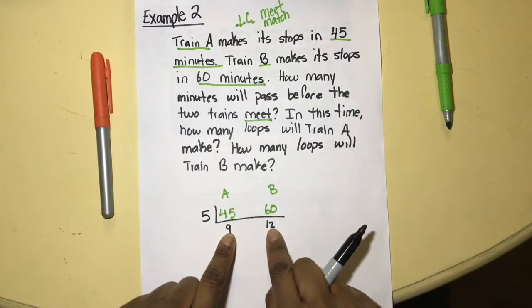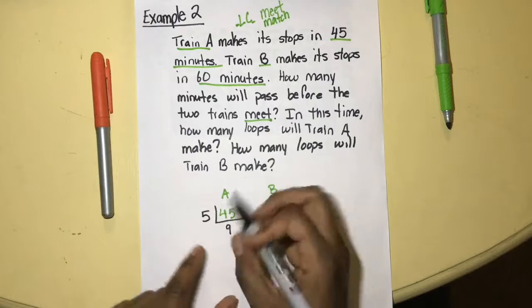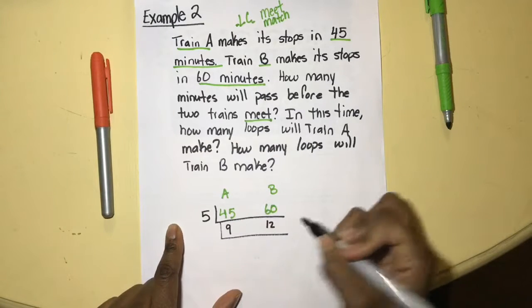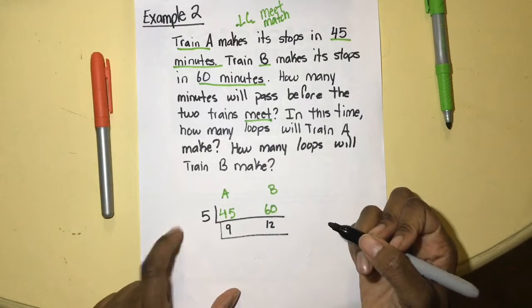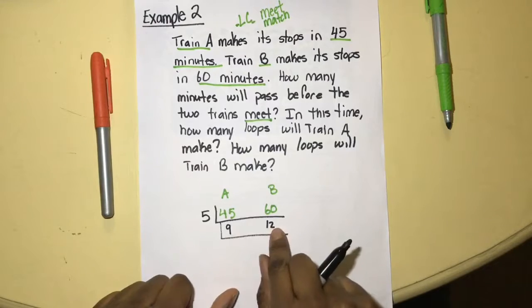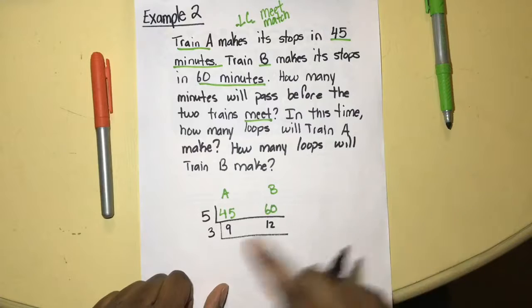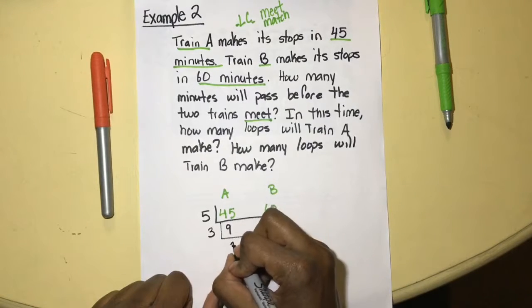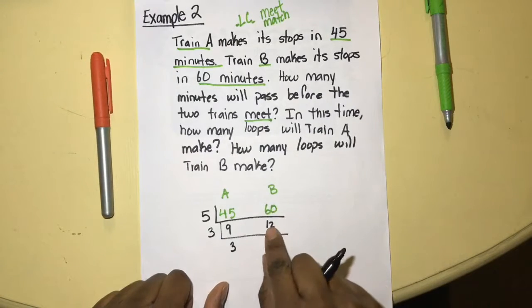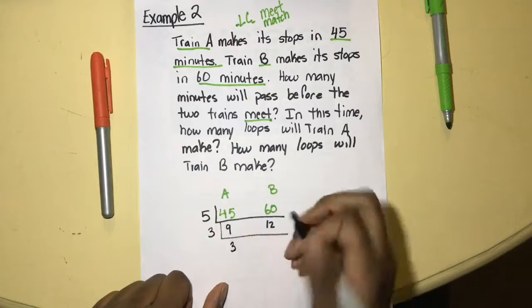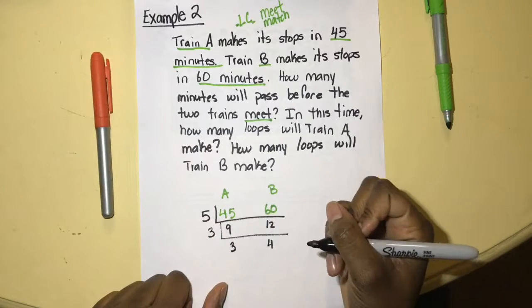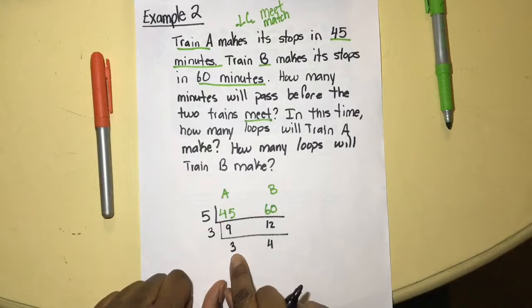Well, 9 and 12 are both composite numbers, so I'm going to go ahead and make another ladder step. And I'm noticing that 9 and 12 are divisible by 3. 9 divided by 3 is 3. 12 divided by 3 is 4. 3 is a prime number, so I know that I'm ready to stop.